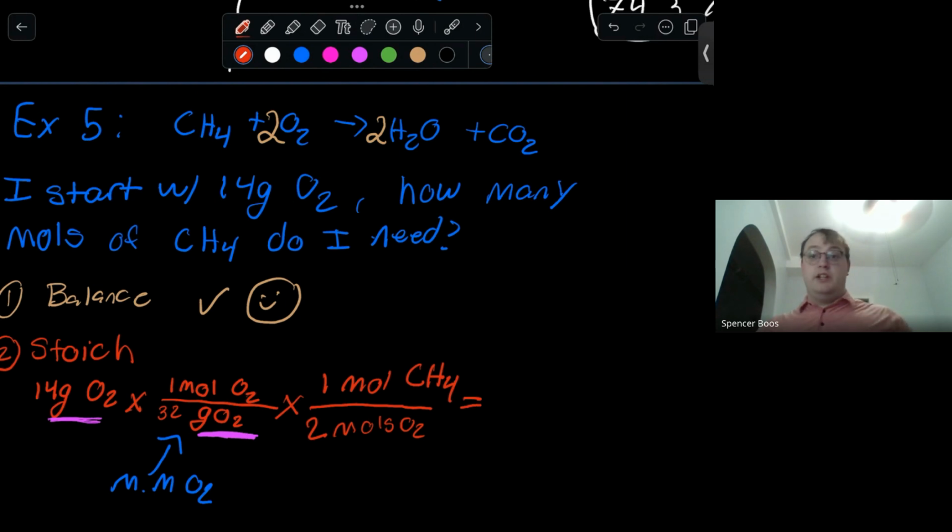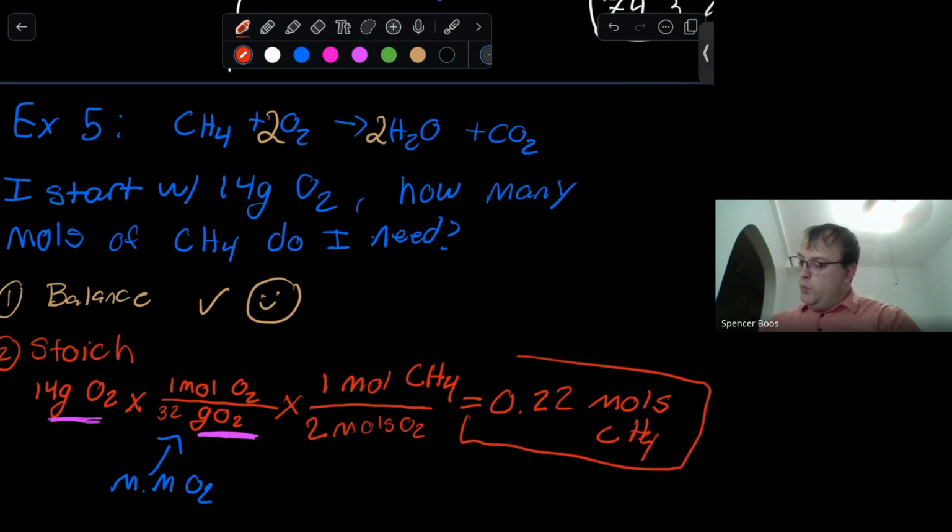Now, all I do is put it into my handy-dandy calculator: 14 divided by the quantity 32 times 2. And I get 0.22 moles of CH4.